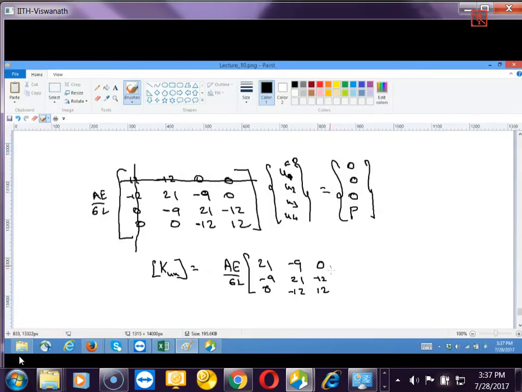This times U2, U3, U4 is equal to 0, 0, P. So I need to eliminate the entire row and column.